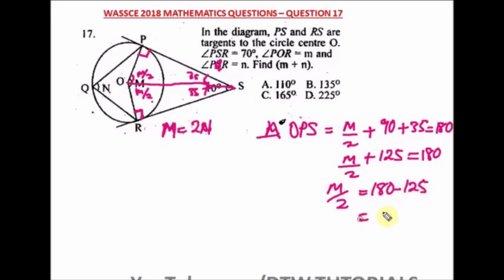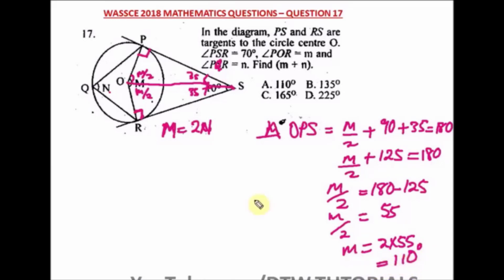Okay, so from here, 180 minus 125 will give us 55. So we have M divided by 2 equal to 55. So to get M, what do we do? We cross multiply. So 2 times 55 would give us 110. All right, so M is equal to 110.